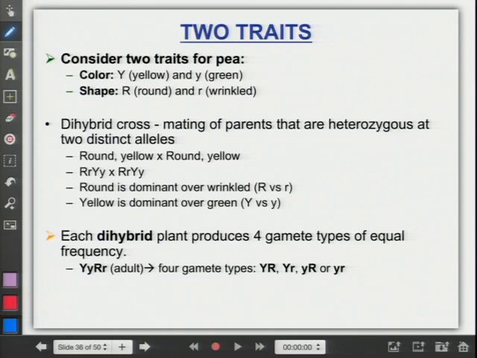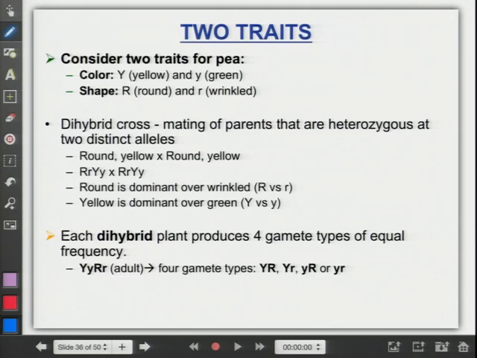Some of them will be easy, and I'll tell you the genotypes. You'll get the phenotypes and the genotypes, and you just have to do the cross. For the other ones, you'll get the phenotype and you have to figure out the genotype of at least one of them, or they'll be heterozygous at both traits. What does that mean? Big T, big R, little r.